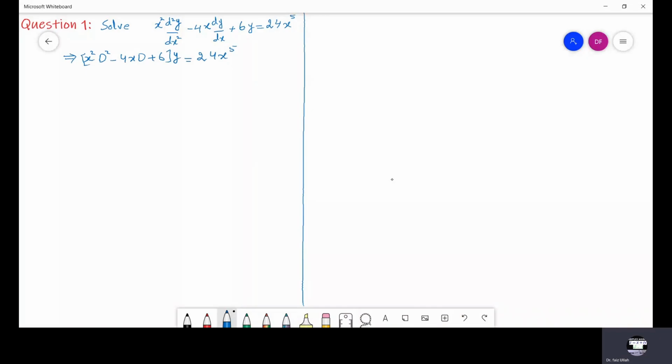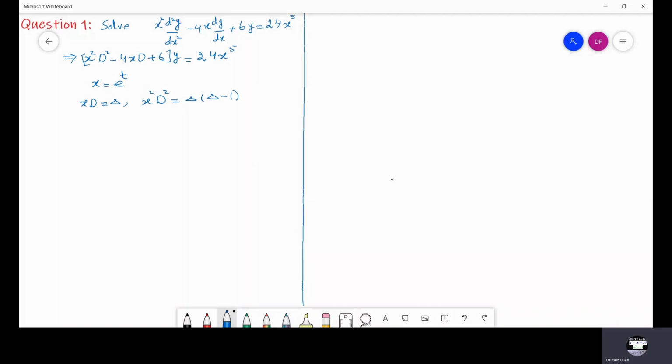Now let us put x is equal to eᵗ and xD is equal to Δ. x²D² is equal to Δ(Δ minus 1).